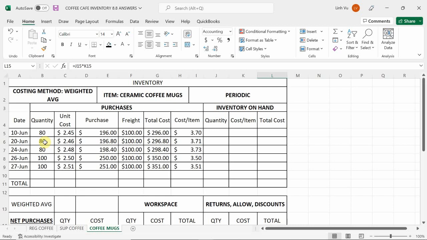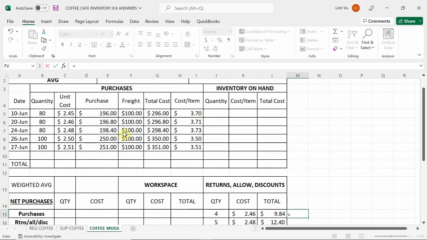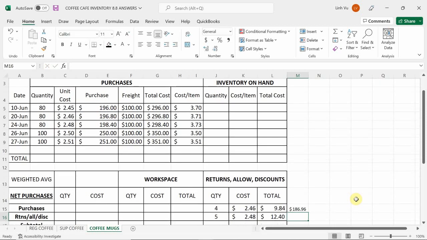If I had $196.80 and I end up refunding $9.84, let's do the calculation here: $196.80 minus $9.84, I got charged $186.96, right? We don't include the freight.